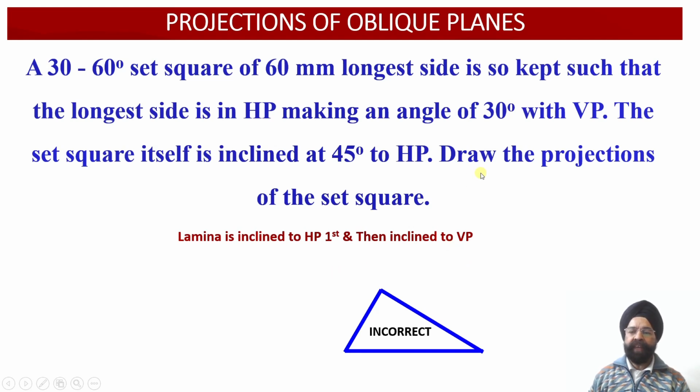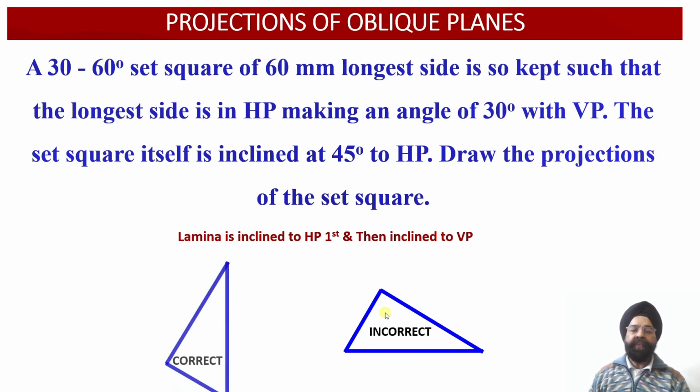Either way, whether we tilt it like this or like this, the set square will be resting on one of its corners, either on this corner or on this corner. So no way are we going to obtain the longest side of the set square resting on the horizontal plane. That's why this orientation of the triangular set square seems to be inappropriate.